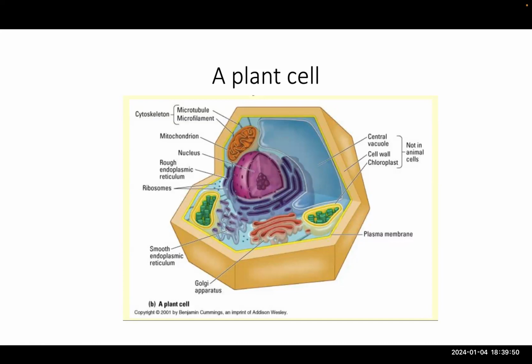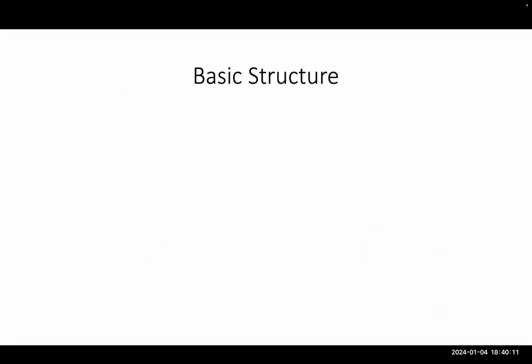On the inside, they have a plasma membrane here. The other cell only had a plasma membrane. This plant cell has a plasma membrane, and it has the cell wall. The last one you can say is a human or animal kind of cell, and this is a plant cell. They have the cell wall, which is important for their biology.